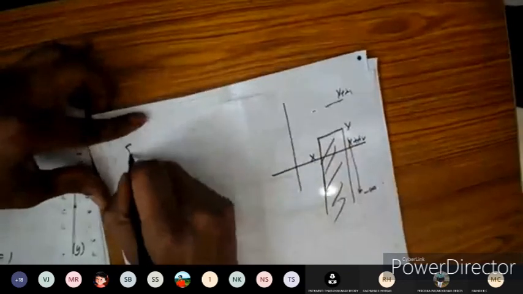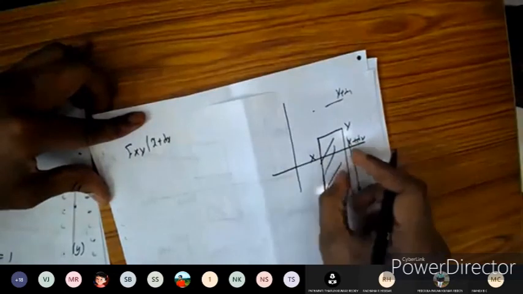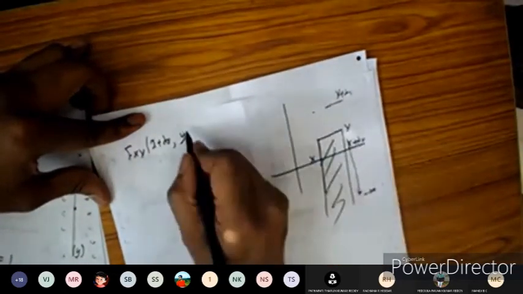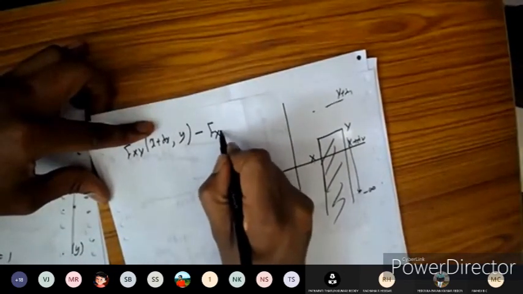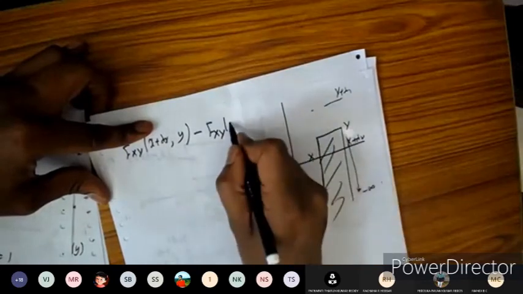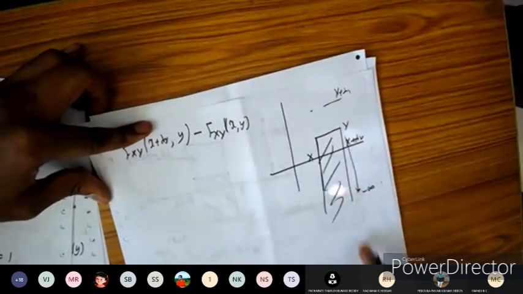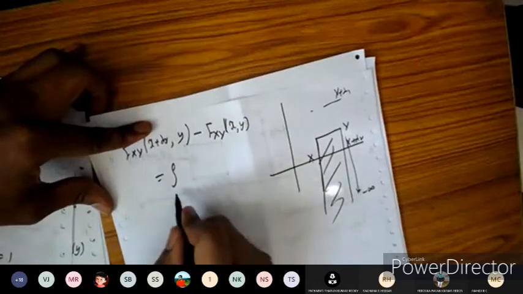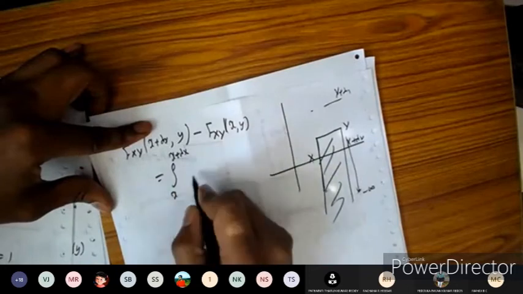This area we can find out like this: fxy of x plus dx, because from here to here I need to find the area, and y here, minus the other area, fxy of x, up to y, where y can take the value up to infinity. This is given by the expression from x to x plus dx.